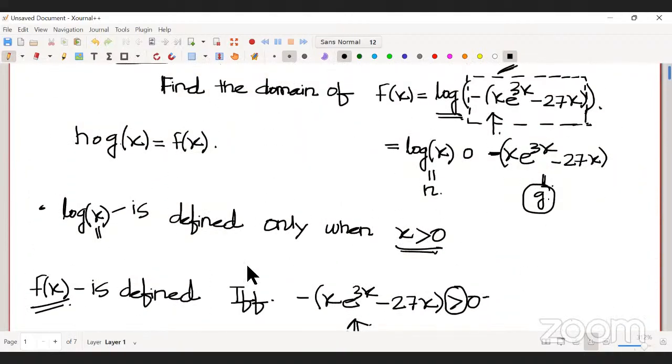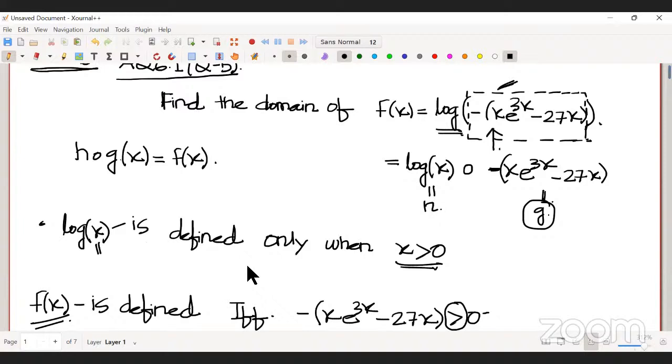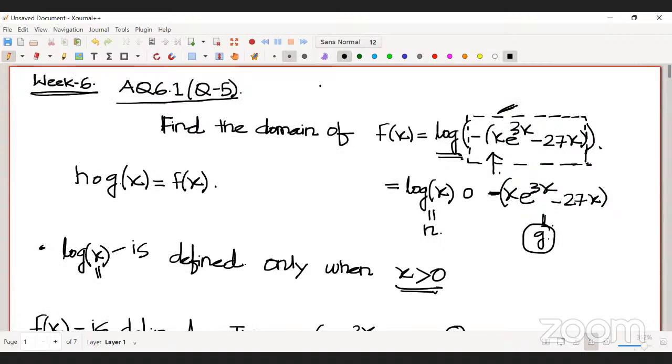It's like a composite function. Here, log of h of x, h of x is this function. So we tried to find the values of x for which the expression x times e to the power 3x minus 27x is greater than 0.